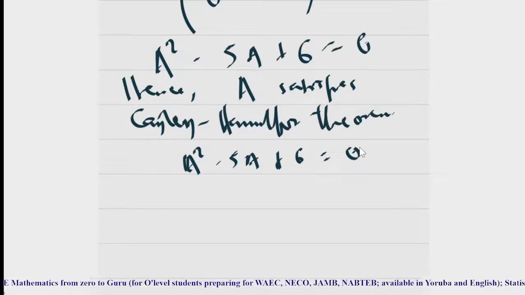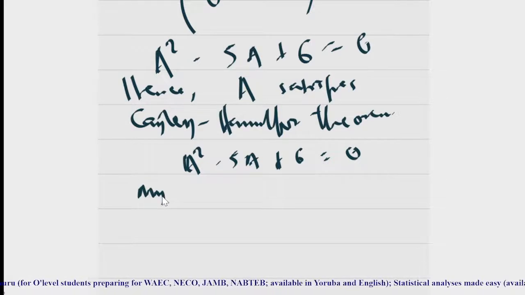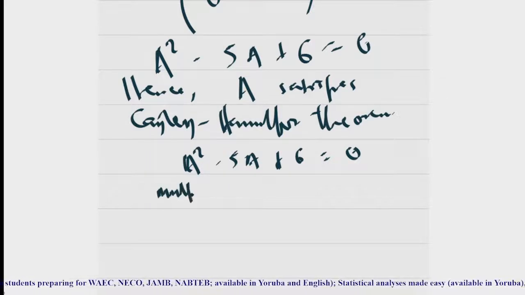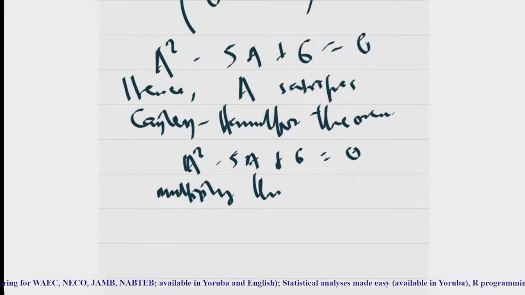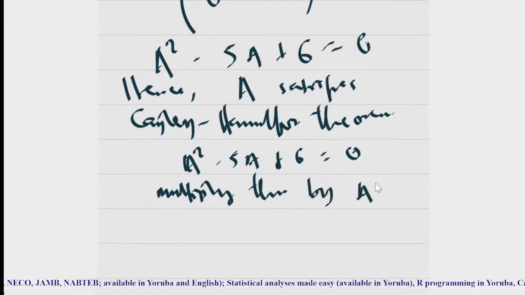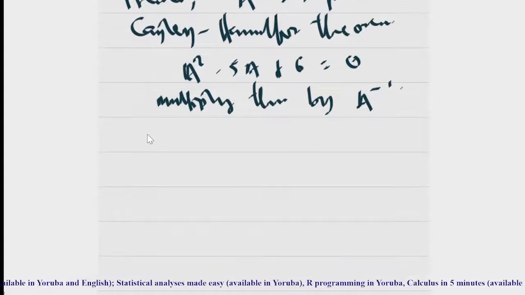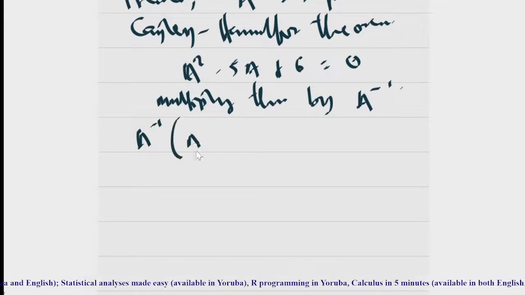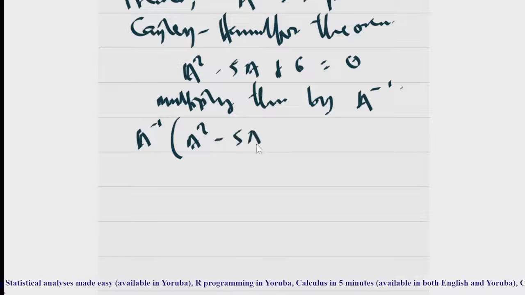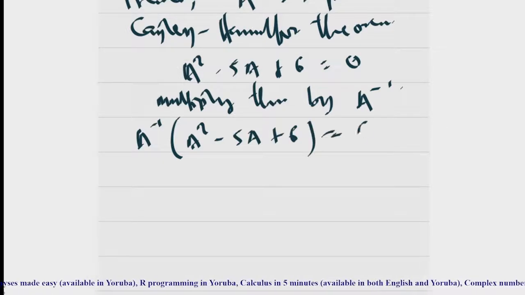So then if I were you, I will just multiply through by A inverse. So if you multiply through by A inverse, then I'm going to have A inverse times A squared minus 5A plus 6I is equal to 0.